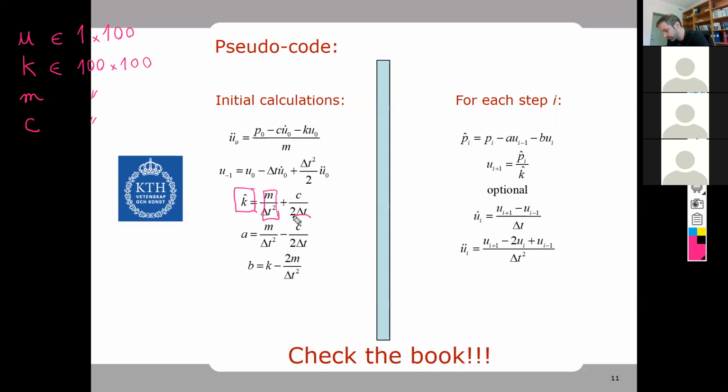And C is a matrix, so the sum of two matrices is going to be another matrix. And here we are dividing by K hat. And of course, in order to divide by a matrix, you need to invert it, right? So this value here is 100 times 100.